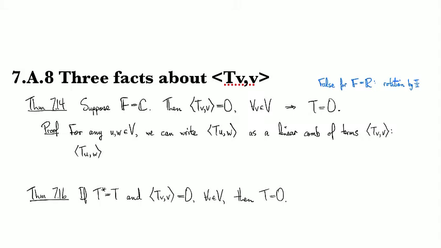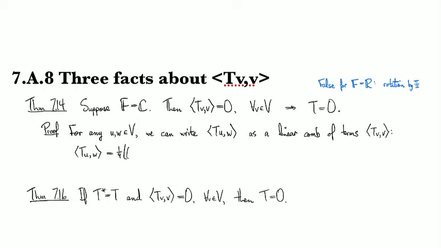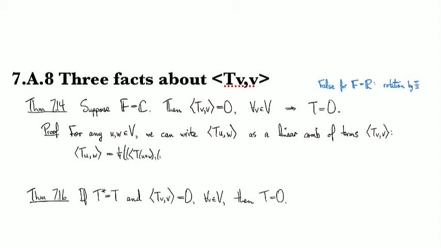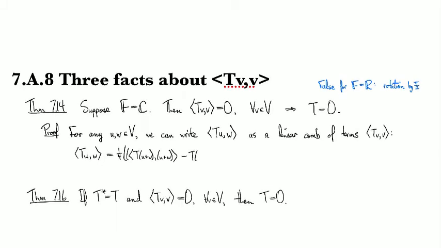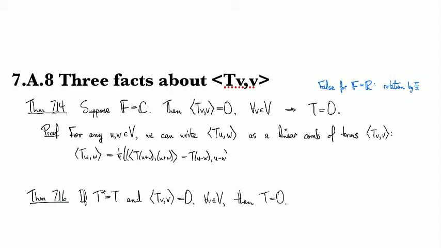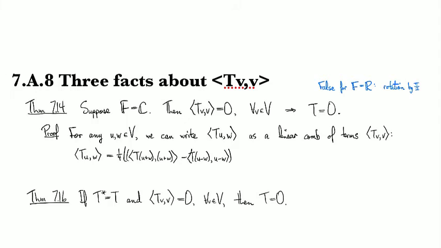TU against W can be written as 1/4, and then we're going to have the real part, which is going to be T(U plus W), U plus W, minus T(U minus W), U minus W. So that's the real part, so I'll put a parenthesis around it.